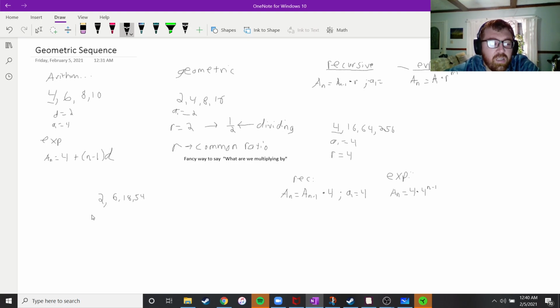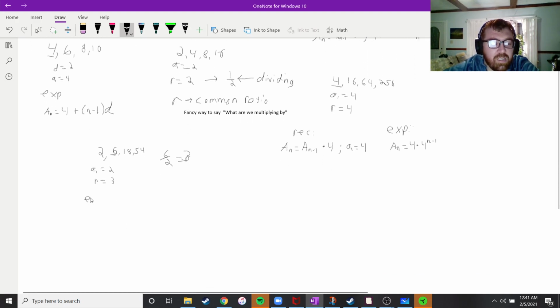Okay. So my A1 is going to be 2. My common ratio is going to be 3, right? Because I'm going to do 6 divided by 2 equals 3. That's how you find R: you take one term divided by the previous term. So R is 3.